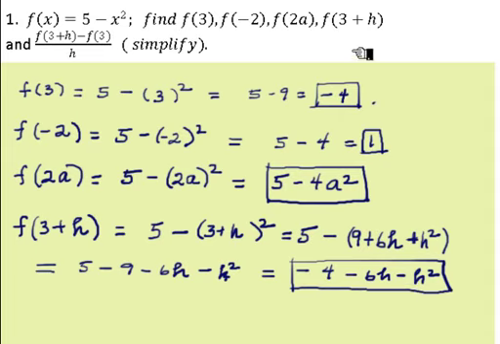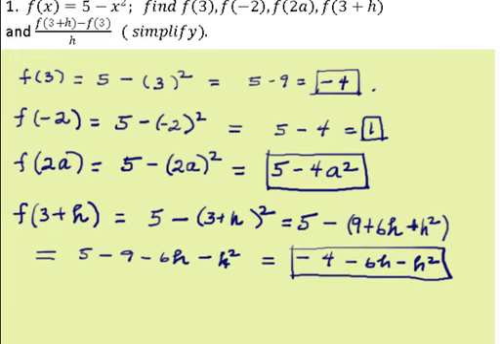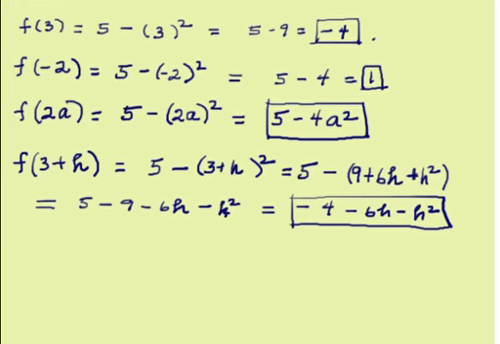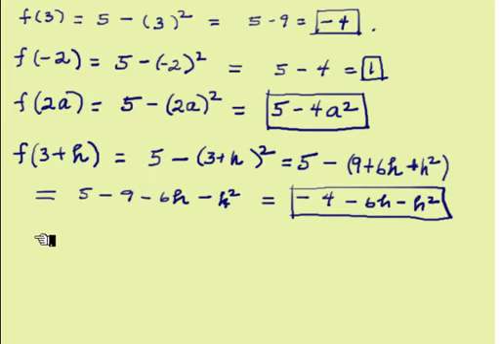And finally, in the last step, we want to form this difference quotient. We already have the pieces. We formed f of 3 plus h, and we figured out that f of 3 is equal to minus 4, so we're just going to put all the pieces in and simplify. Okay, so let me rewrite this. That's f of 3 plus h minus f of 3 over h.